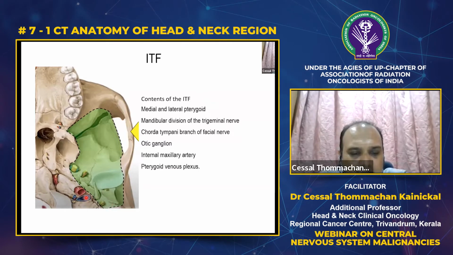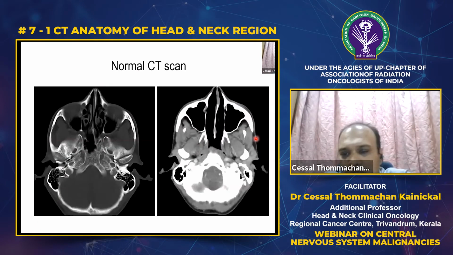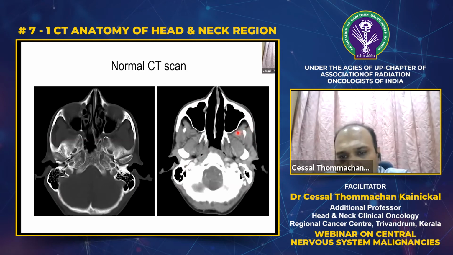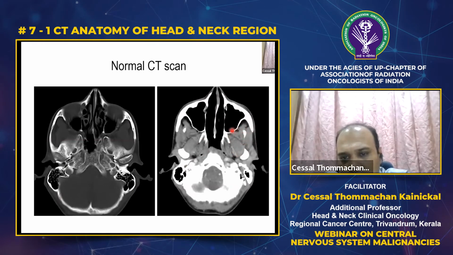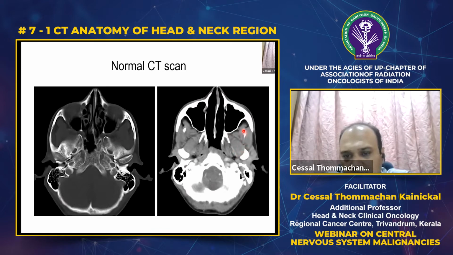Certain textbooks mention it as the carotid sheath, certain mention it as the mastoid. Medially, it is lateral to the lateral pterygoid. So this is how you see it in a CT scan. This is the infratemporal fossa. If a tumor is involving a high infratemporal fossa, then that is not good.